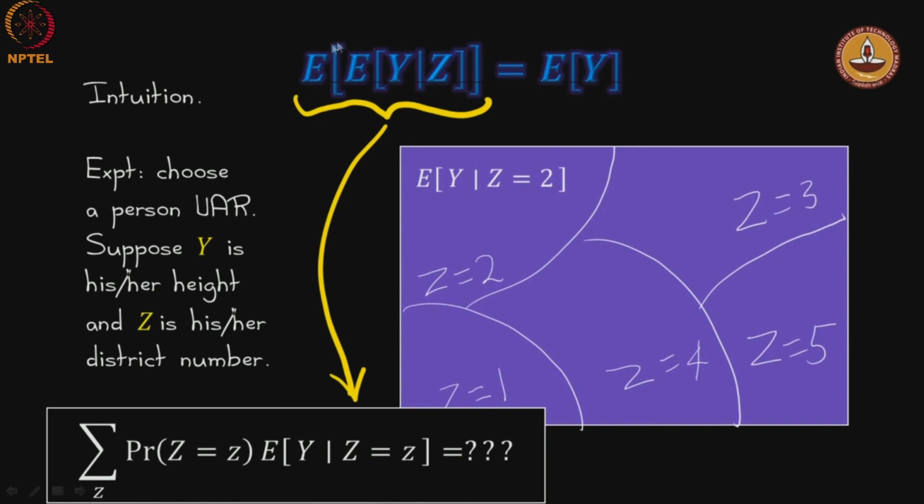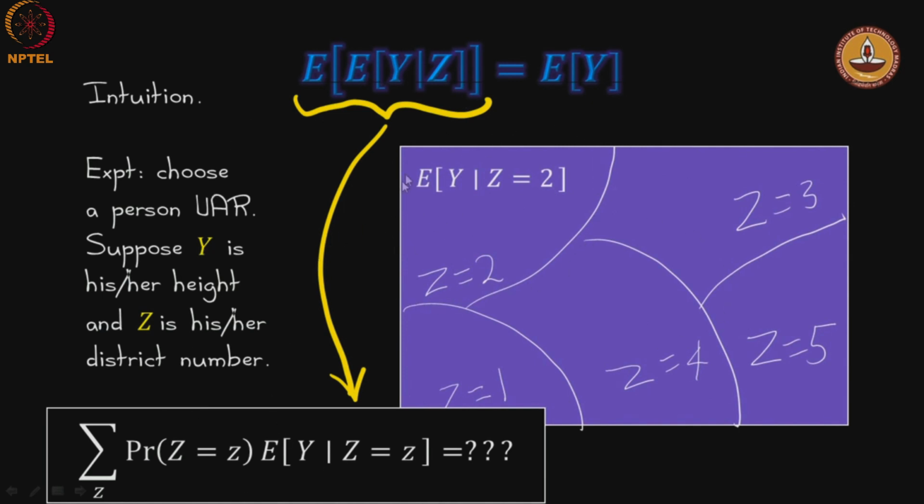Now, in this context we ask what is the expectation of expectation of Y given Z. Okay. This is an expectation of a random variable. Let us look at what this is about. Each of these regions has a certain Z value associated with it, and each of them has a value of the expectation of Y given that Z value. So, when we want to take the expectation, what do we do?